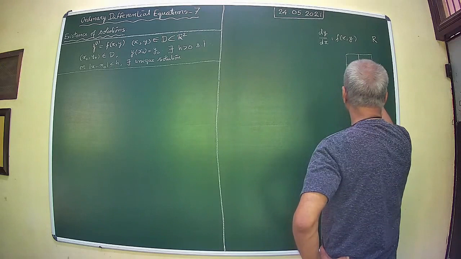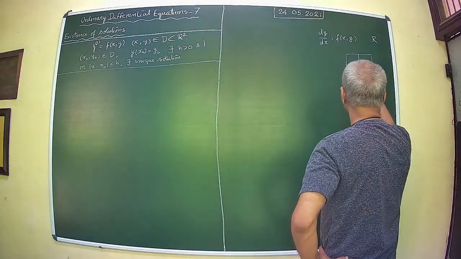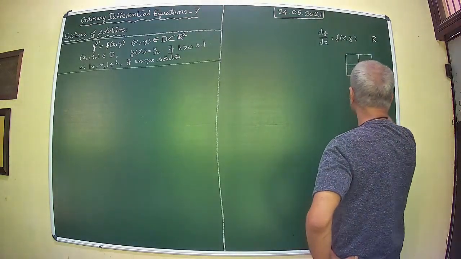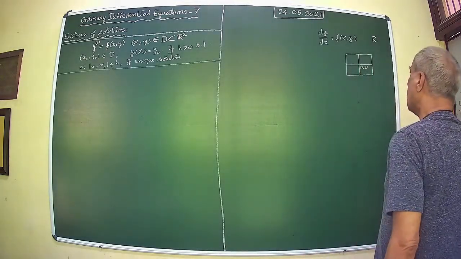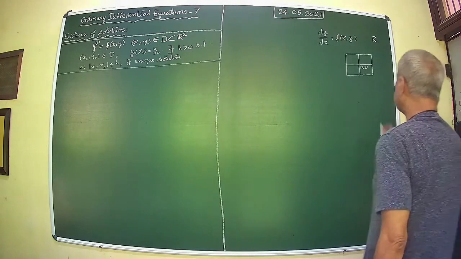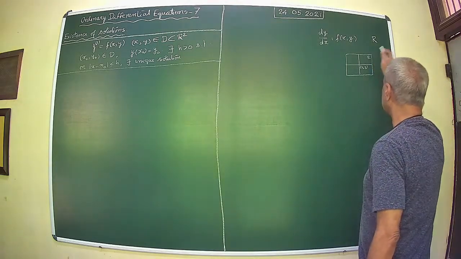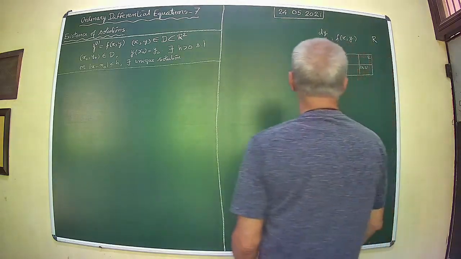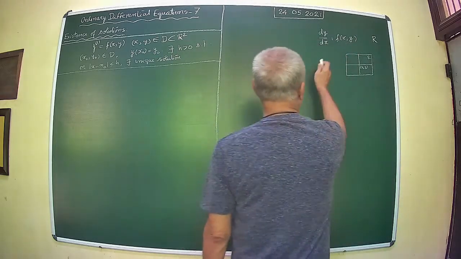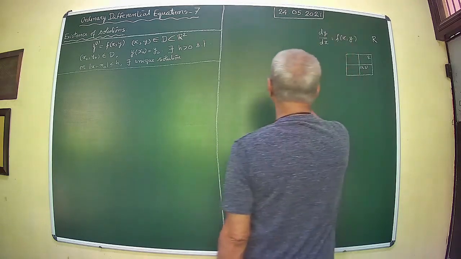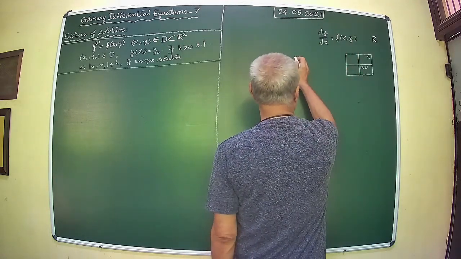Now, it's a rectangle on which, suppose (x naught, y naught) is a point. You are going to use that as the initial data. This is your R on which f is bounded, and what you can do is that f can be approximated by a polynomial.